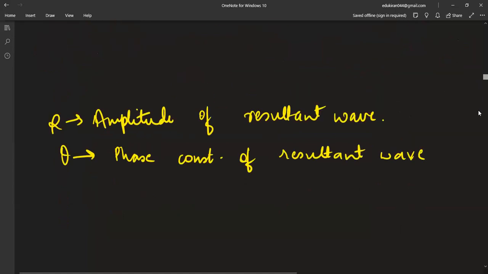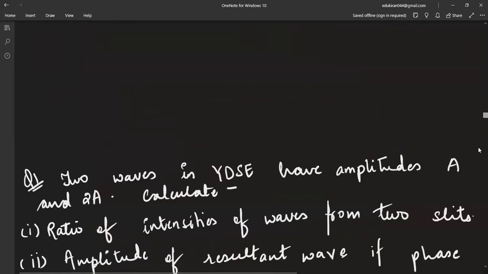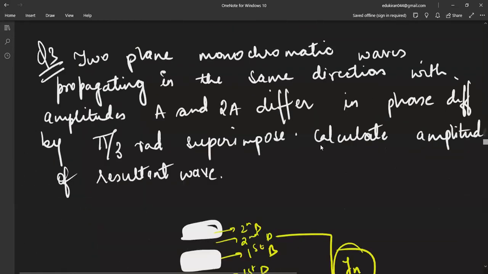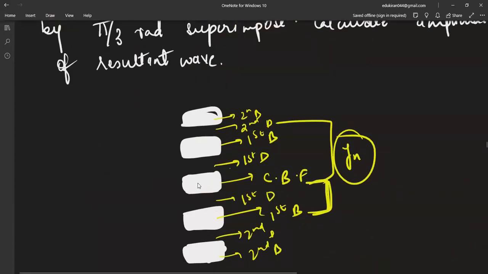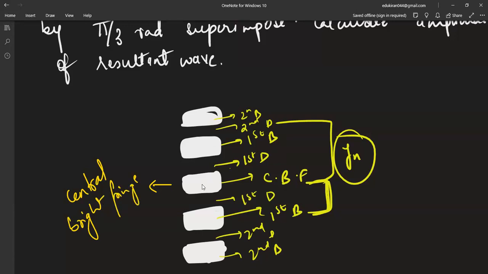See, like this, you get a central bright fringe on the screen. Then the space where you do not see any fringe is the first dark fringe that has been formed.